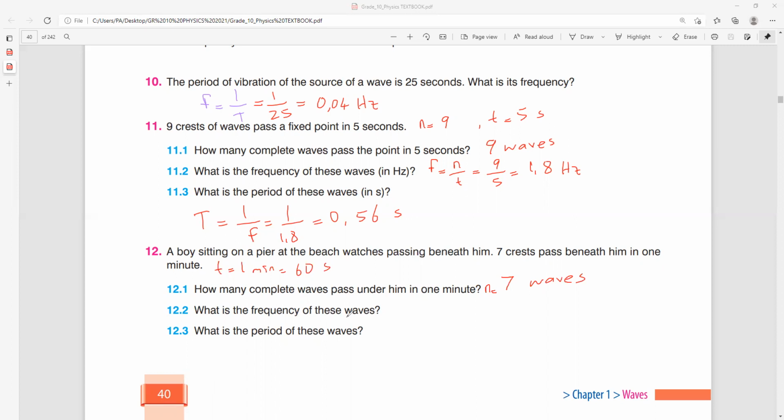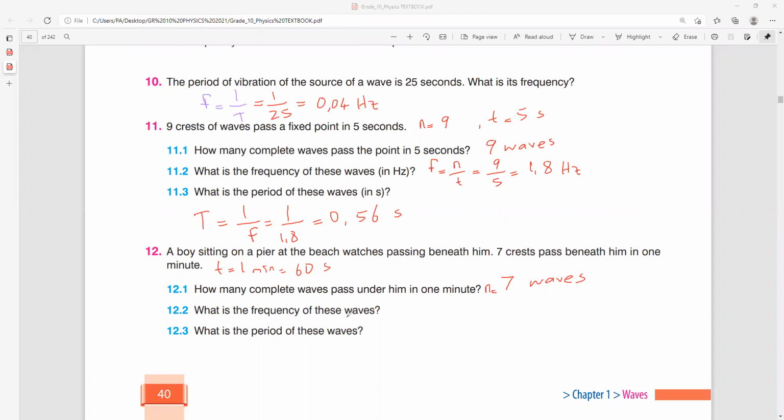As you see, same question, people, with different numbers. The answer is 0.17 and 0.112. 0.17 seconds. Is it period or frequency? I think that one is period, but the unit is not seconds. 0.12.